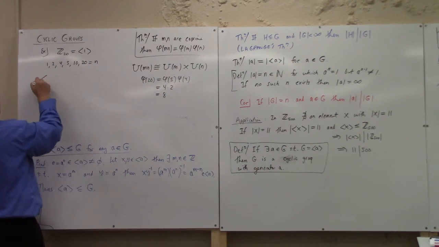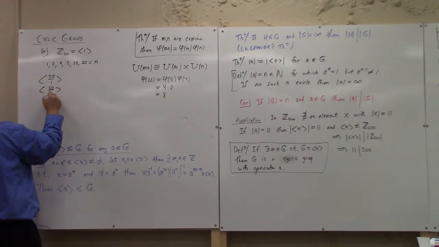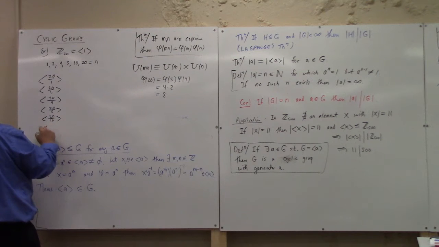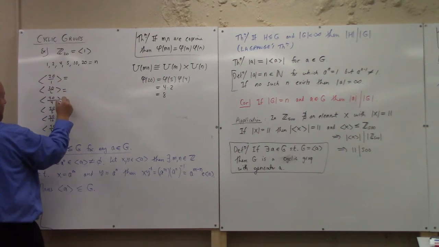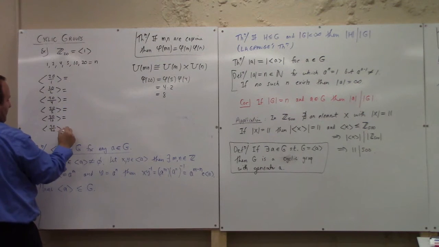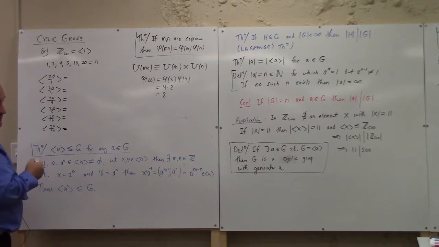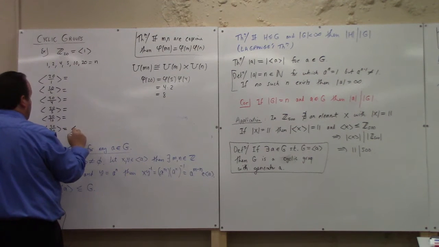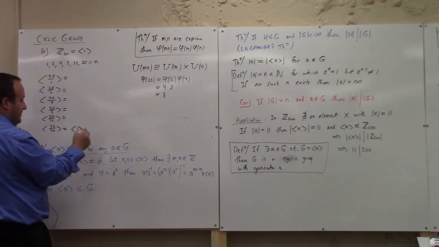My claim is that 20 over 1, and 20 over 2, and 20 over 4, and 20 over 5, and 20 over 10, and 20 over 20, these are all subgroups of Z20. And those are all the subgroups of Z20, right? So the 8 generators. This one has 1. Of course, this is literally just Z20, right?